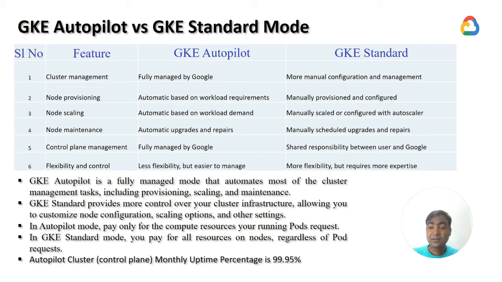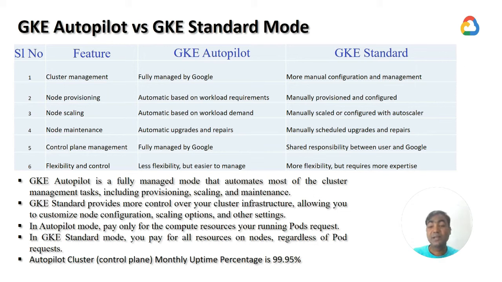Node scaling is automatic based on workload demand, while in GKE standard mode it is manually scaled or configured with the autoscaler. For node maintenance, nodes are automatically upgraded and repaired in GKE autopilot mode, but in GKE standard you can manually schedule upgrades and repairs for your nodes.